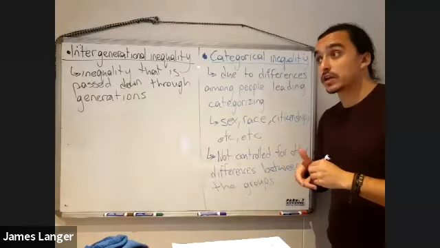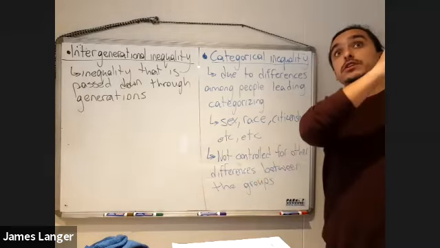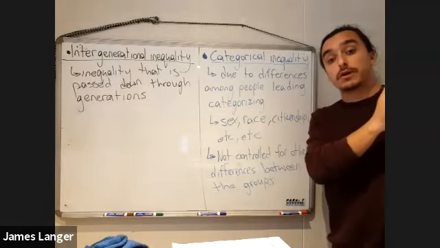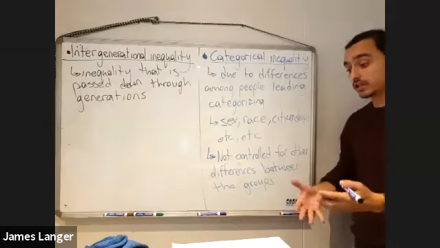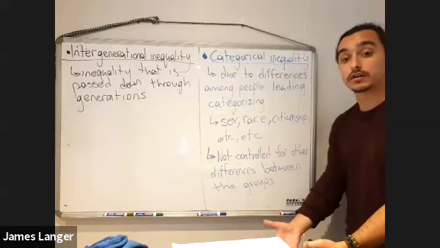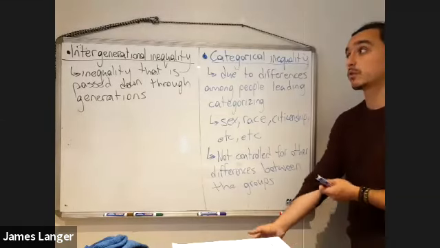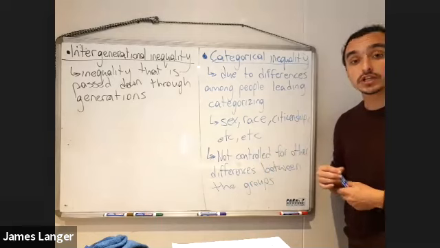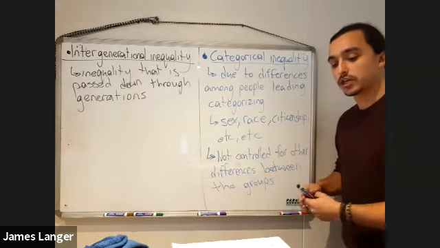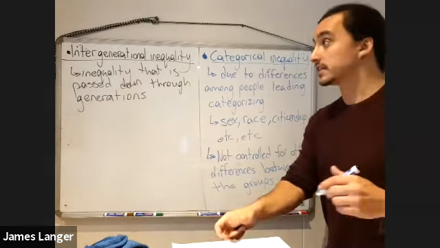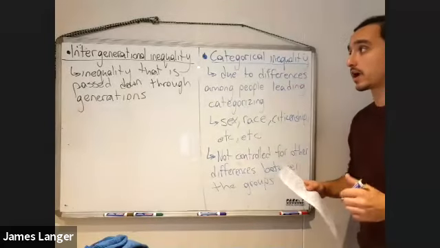That is when someone has rich grandparents, and the fact that the grandparents were rich had a direct effect on the parents becoming rich, which then has a direct effect on the children becoming rich. That's what we're going to call intergenerational inequality. Inequality that is being passed down from one generation to the other. Is everyone with me on this? Give me a thumbs up if we're happy with that.